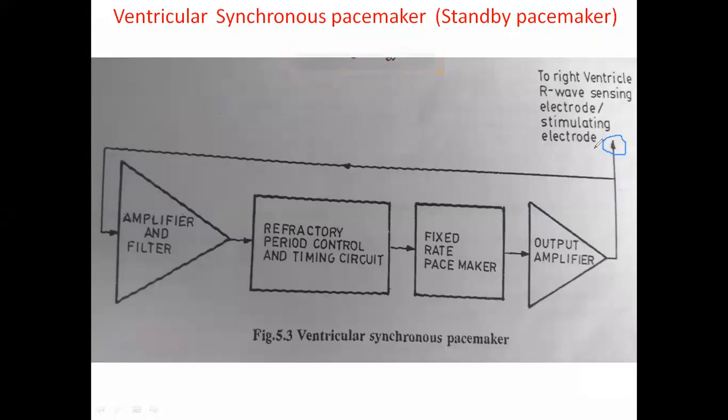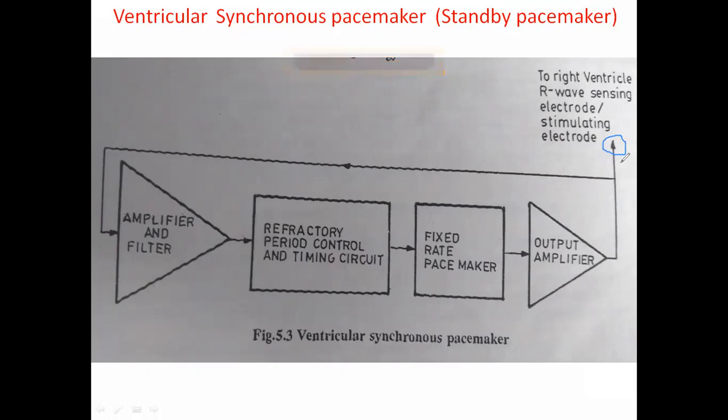To analyze that, the implanted electrode senses both the P waveform and the QRS waveform, but we have to analyze only the QRS waveform. So the P waveform will be blocked and the QRS waveform will be allowed.